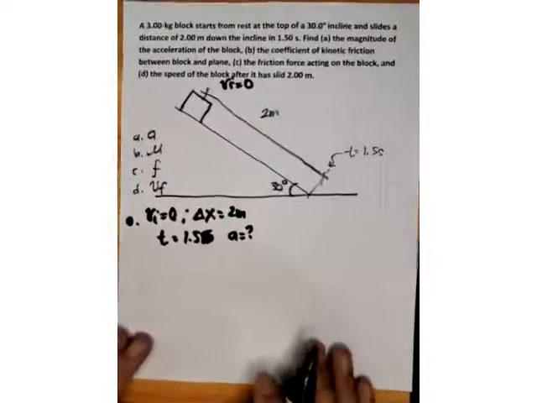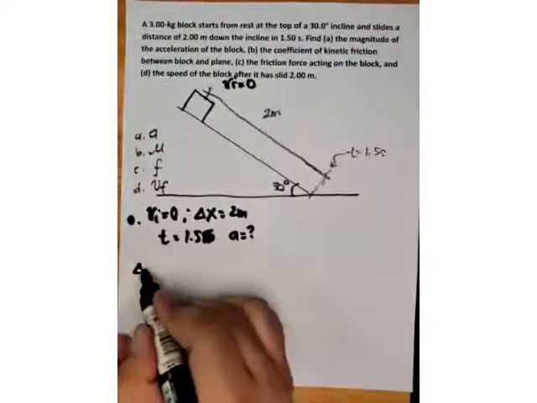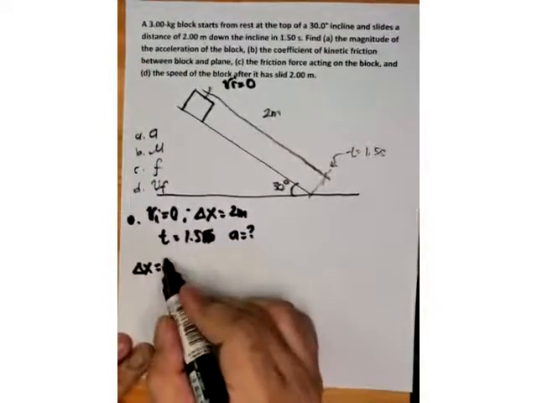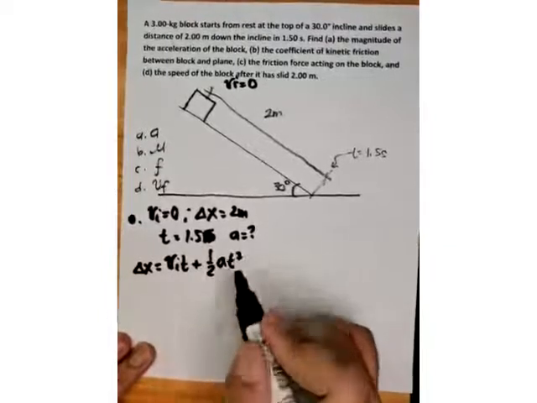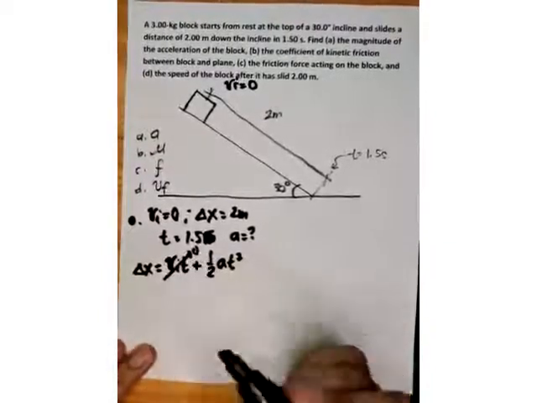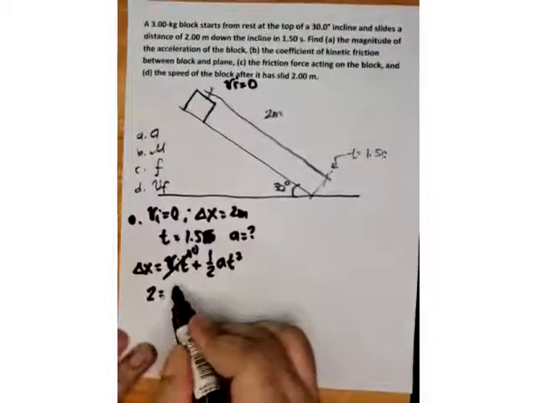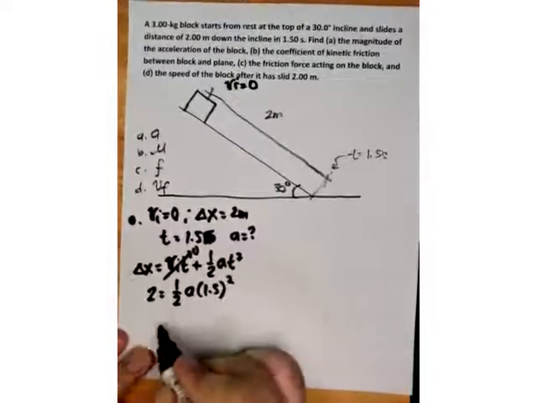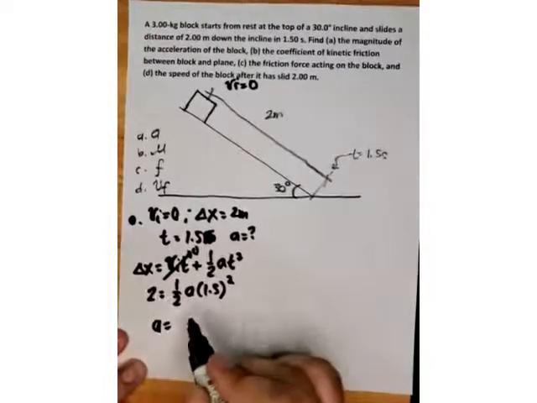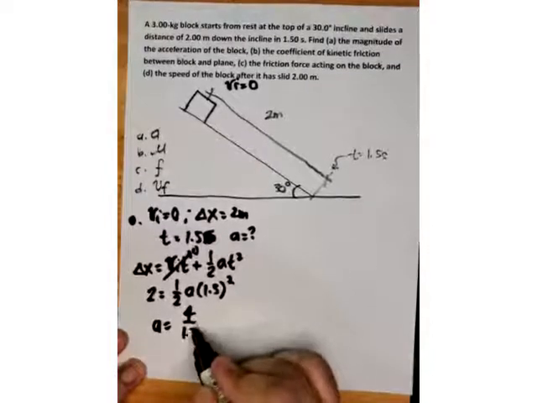So, therefore, we can say that delta x is equal to v_i t plus 1/2 a t squared. So, v_i is 0, so this term is 0. So, you have 2 is equal to 1/2 times a times 1.5 squared. So, acceleration is, cross-multiply, 4 over 1.5 squared.